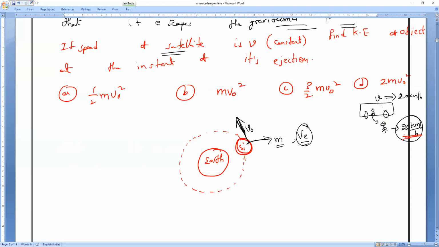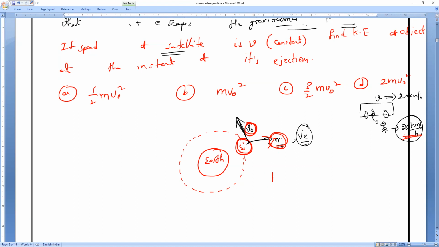Similarly, if the object of mass m is thrown from the satellite, whatever the velocity of the satellite, the same velocity applies to the object. Do you all agree?